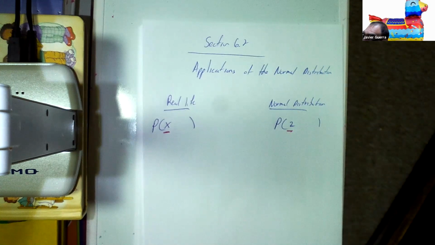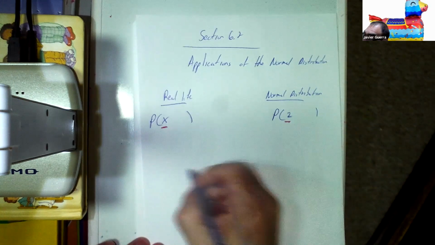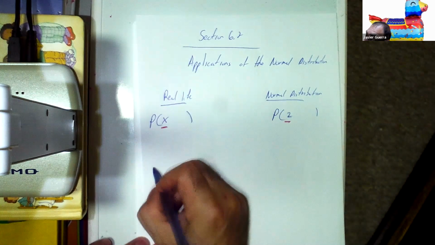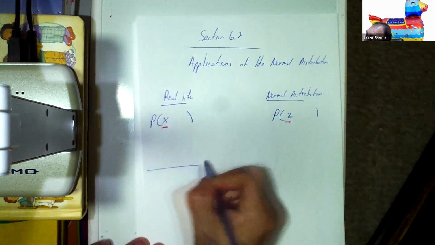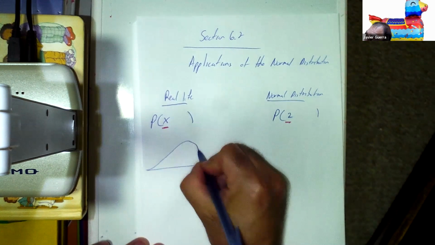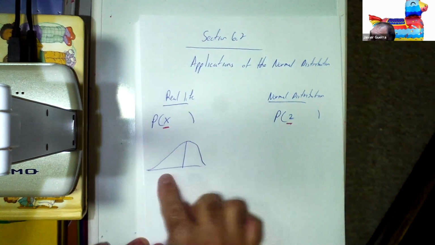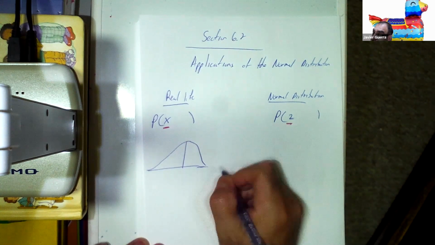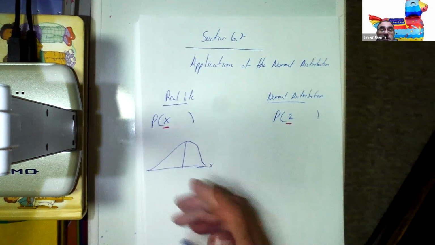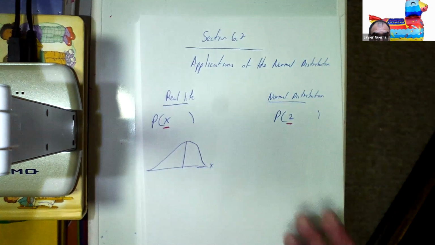And when we do real life, our bell shape is going to be a little bit off with the scale on the bottom. This scale is going to represent X. Let's say you took body temperatures of individuals.